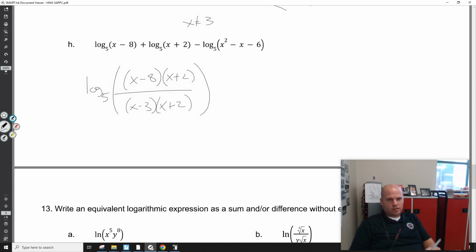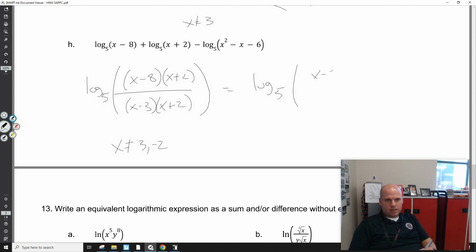I'm going to just go ahead and simplify that. Maybe I wouldn't distribute this and then simplify. It just makes sense to factor this. So I can't plug in 3 or negative 2.